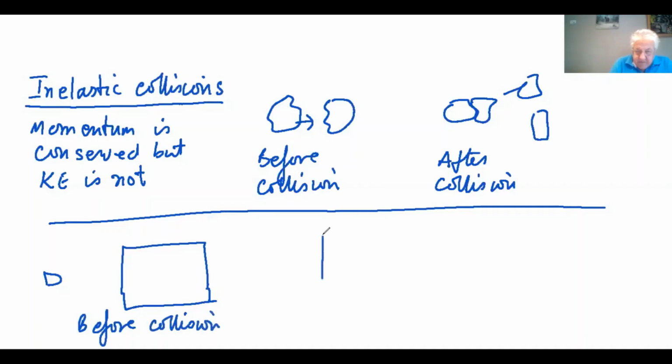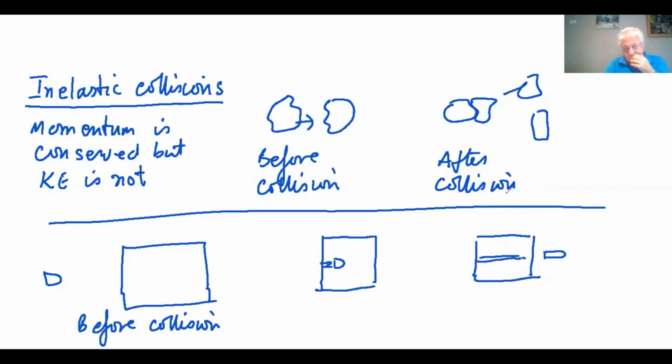Now after collision, you may get the bullet embedding, or you may even get the bullet passing through. Either way, this is an inelastic collision.